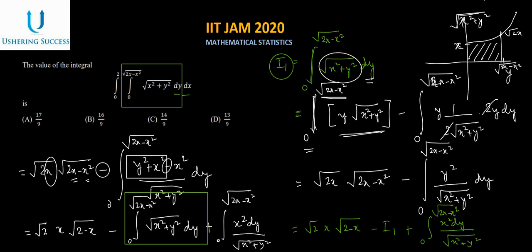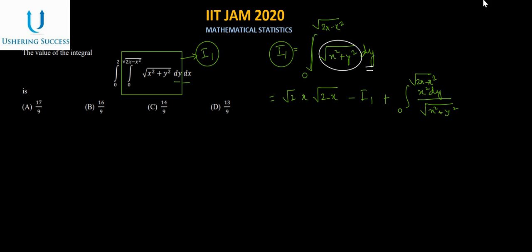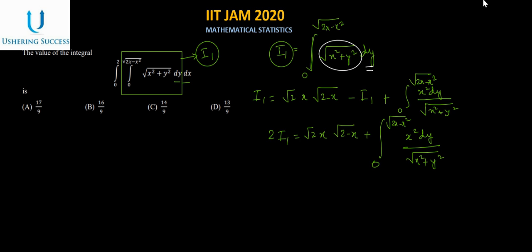So I get 2I1 is equal to root 2x into root over 2 minus x plus integral of 0 to root over 2x minus x square into x square dy by root over x square plus y square.